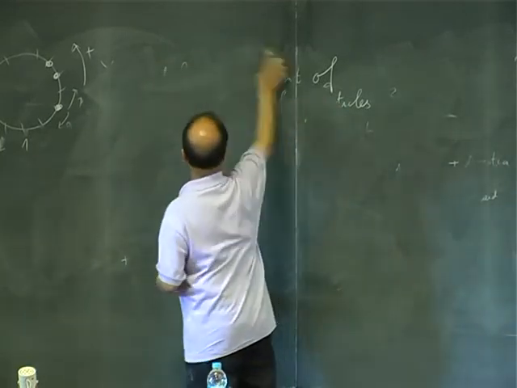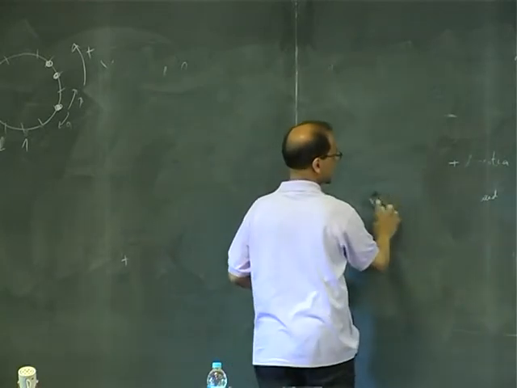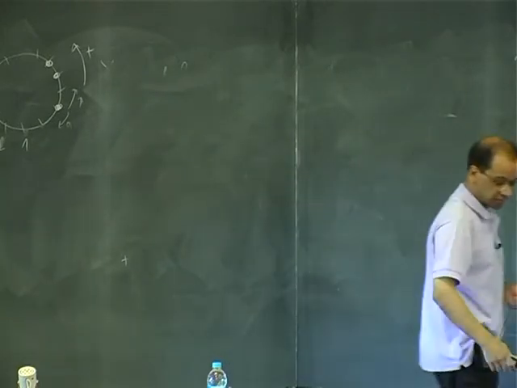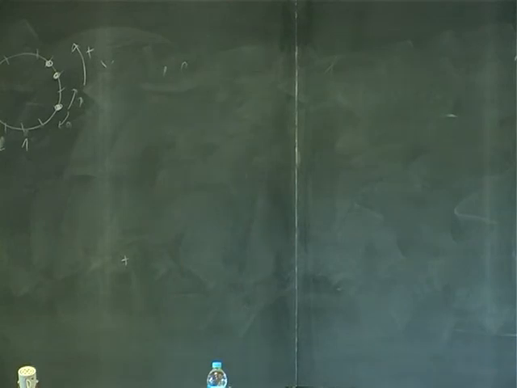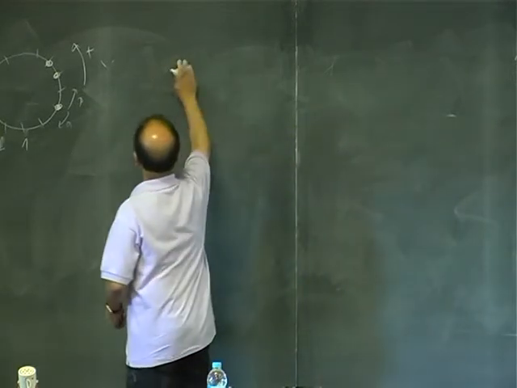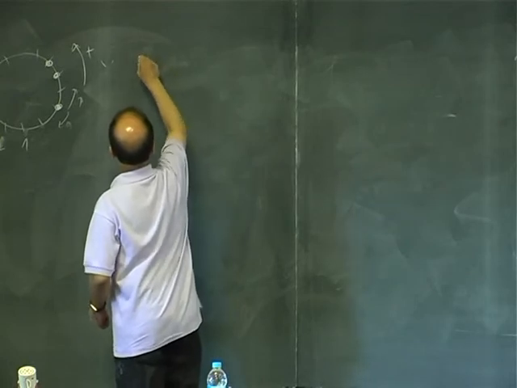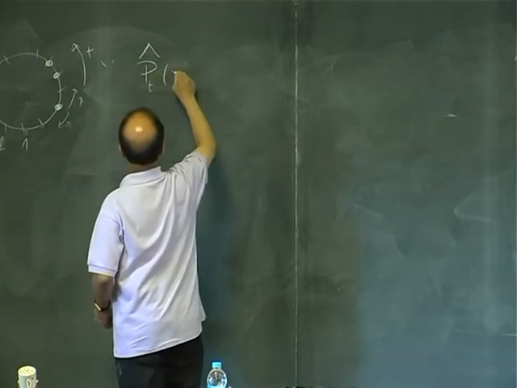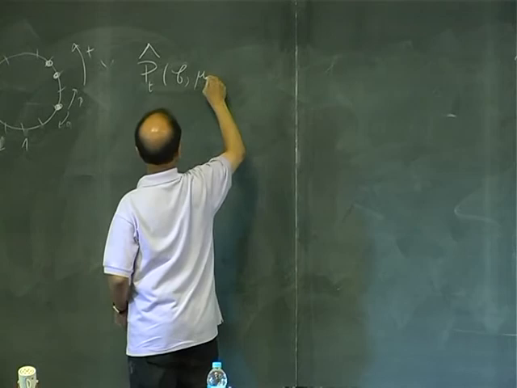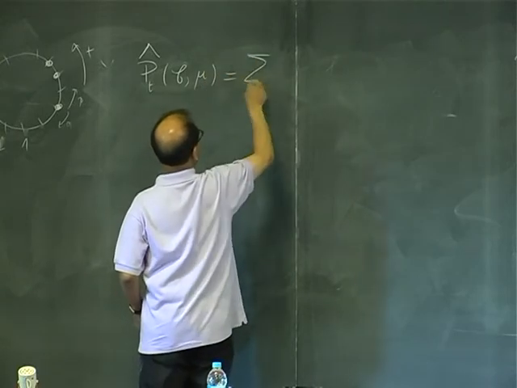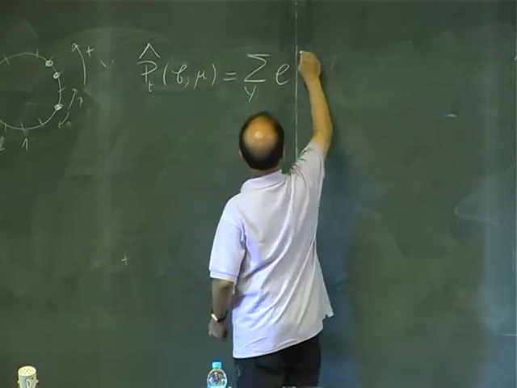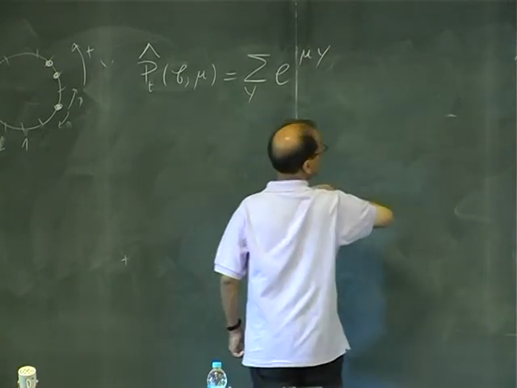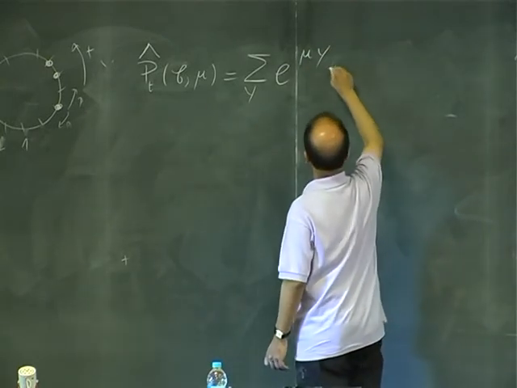Like Satya before, I prefer Laplace and Fourier because you don't have to carry these i's and so on. So it's easier to consider a quantity that I will call p hat t, C, and mu, which is just the Laplace transform with respect to y of these things.